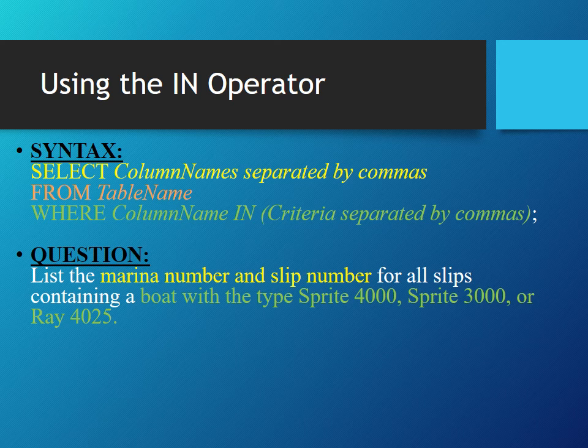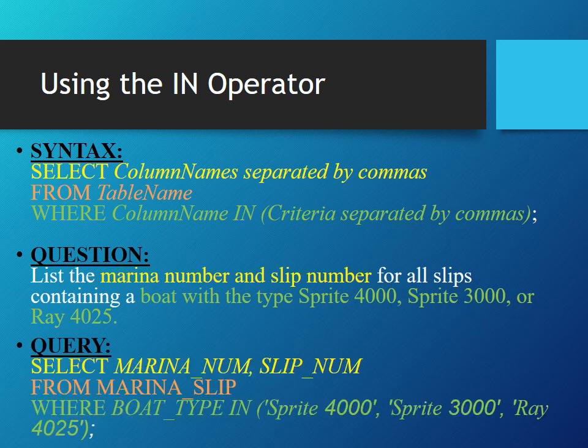List the marina number and slip number for all slips containing a boat with the type Sprite 4000, Sprite 3000, or Ray 4025. So how should we construct the query for this?